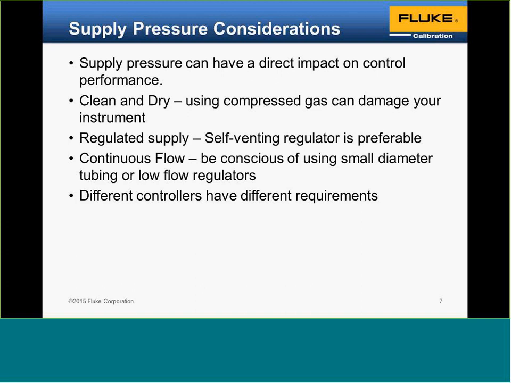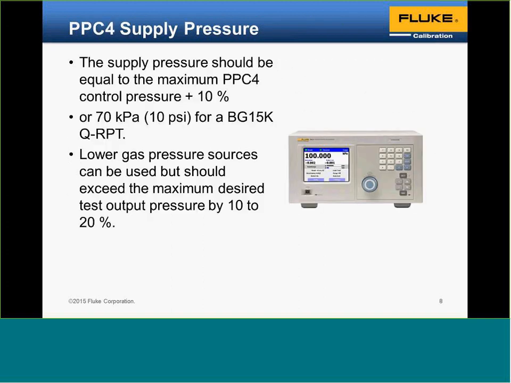Supply pressure and how much pressure is required. Different controllers have different requirements. So look at the different pneumatic controllers from Fluke and the supply pressures required on each of those, as they're somewhat representative of the different options that are available. First, the PPC4.